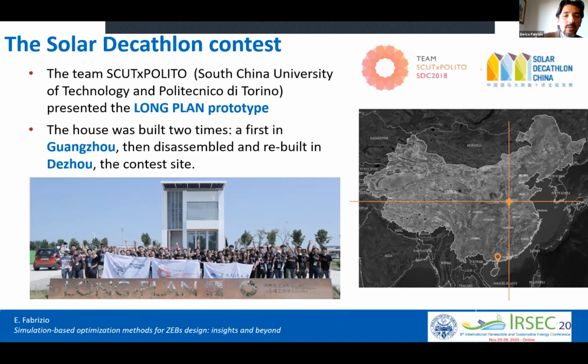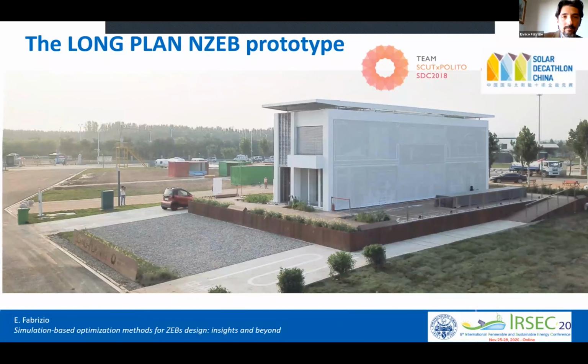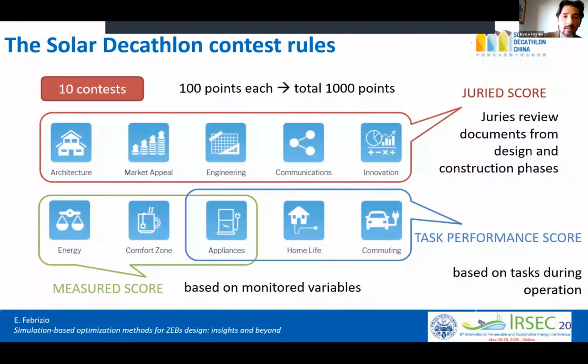The house was built 2 times, a first time in Guangzhou, then it was disassembled and rebuilt in Dezhou. This is just a picture of the real building once it was constructed on the contest site.